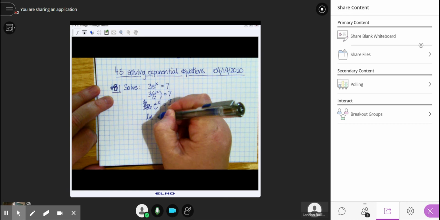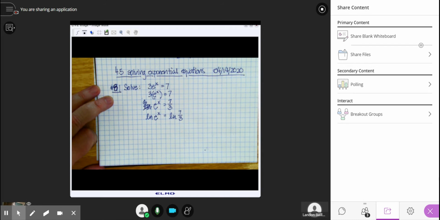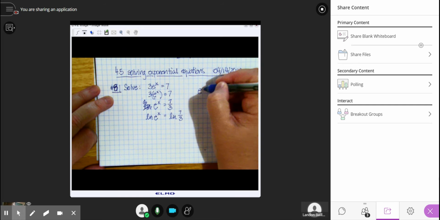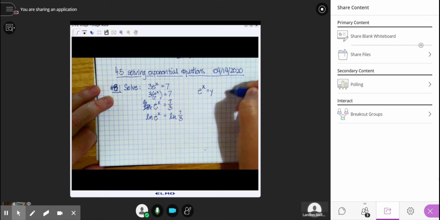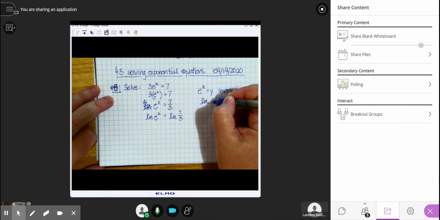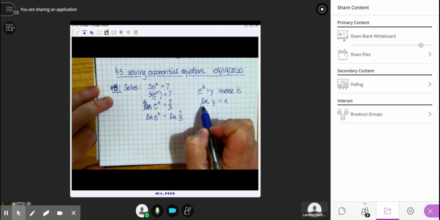We want to take the natural log of e to the x and the natural log of 7/3. E to the x equals y, and the natural log of y are inverse operations. If you want to undo an e, you have to take the natural log.